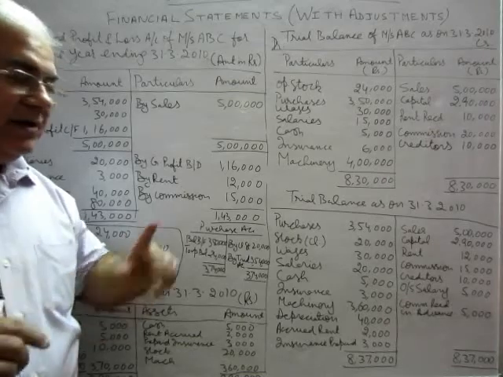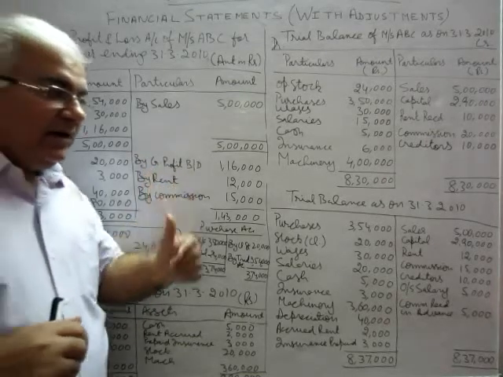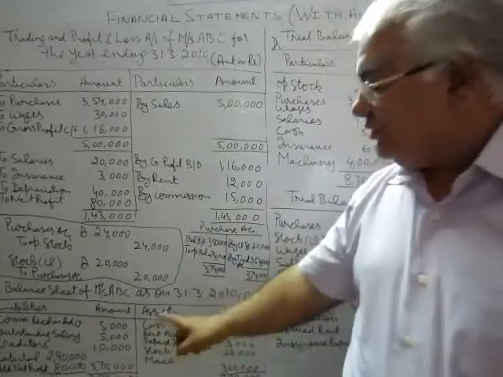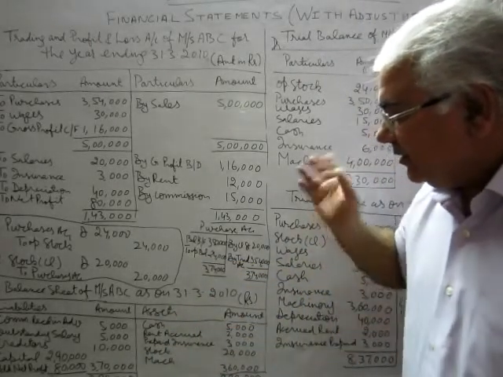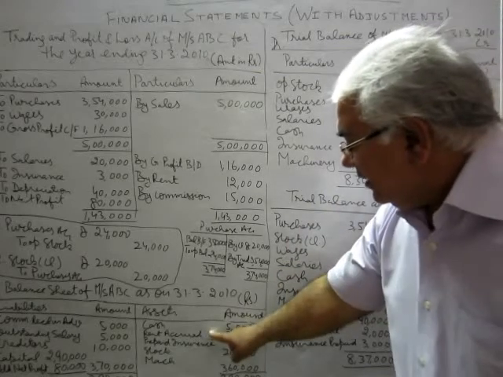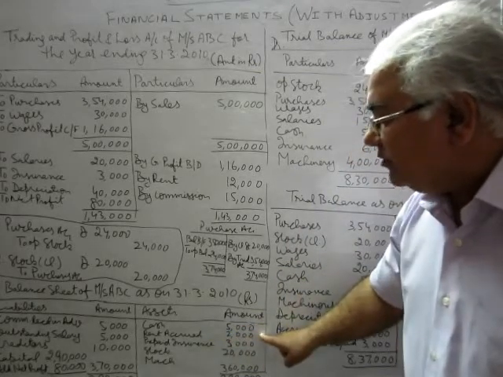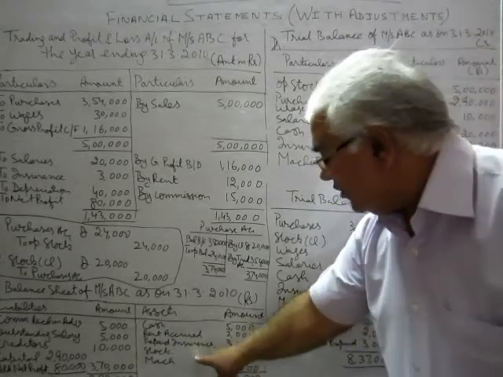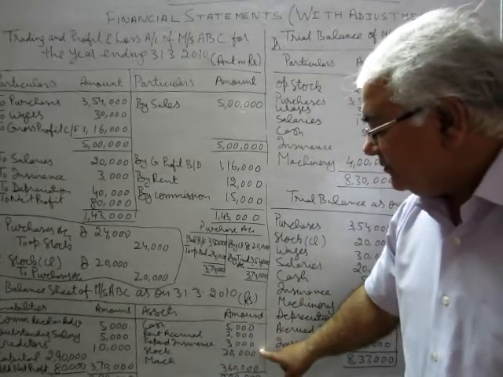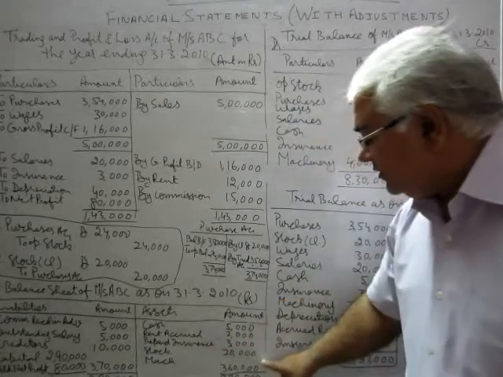Okay, and all these items will go only to one place, like in the balance sheet. You see, all other items have been taken in a similar manner. Like rent accrued is here 2,000, prepaid insurance 3,000, stock as usual 20,000, and you see machinery is at 360.